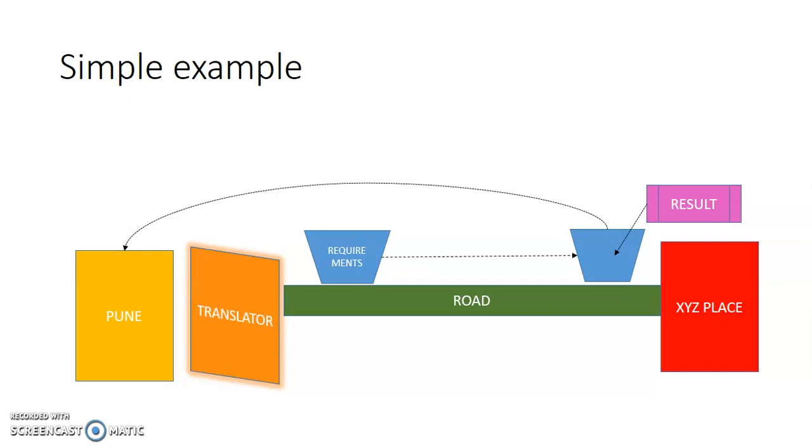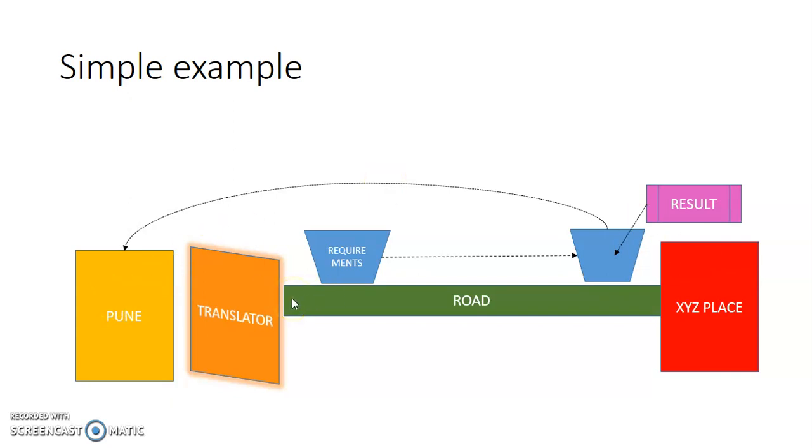But the problem is that the language which these people speak is not known to me, and the language which I speak is not known to them. So I need a translator. The translator can translate my requirements into the language which these people understand, and translate their contents into the language which I can understand.